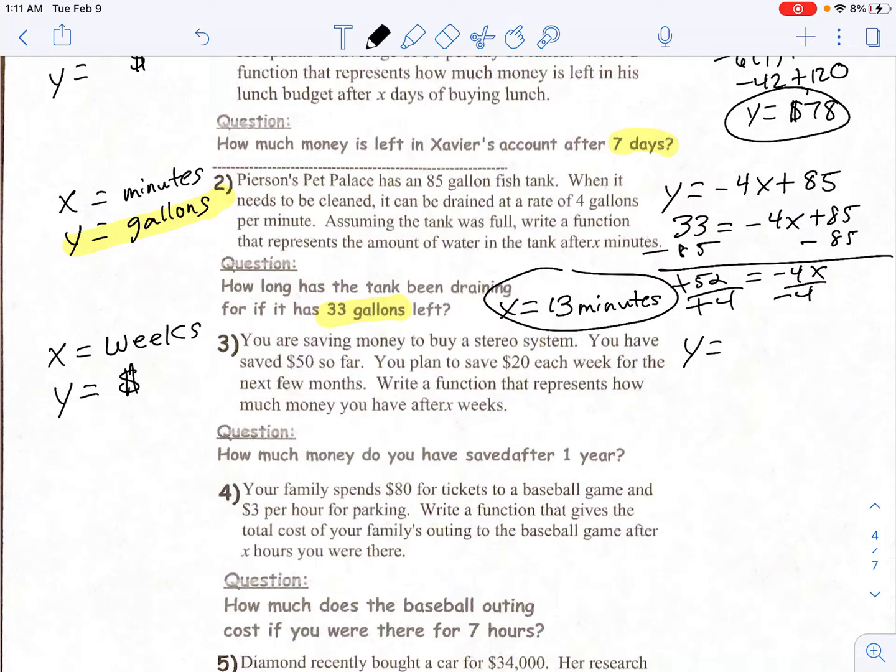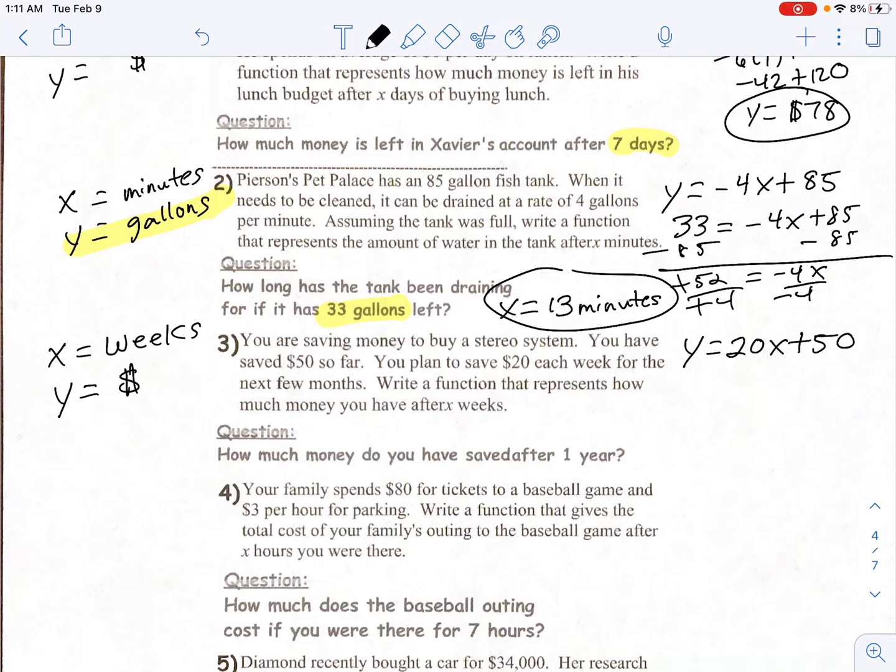It says that you have saved $50 so far to begin with, and then you plan to save $20 each week. So 20 is going to be your rate. You originally saved 50, so there's your equation. Again, pretty simple.